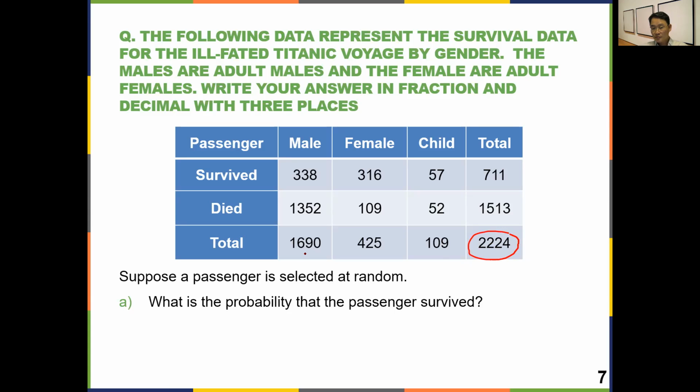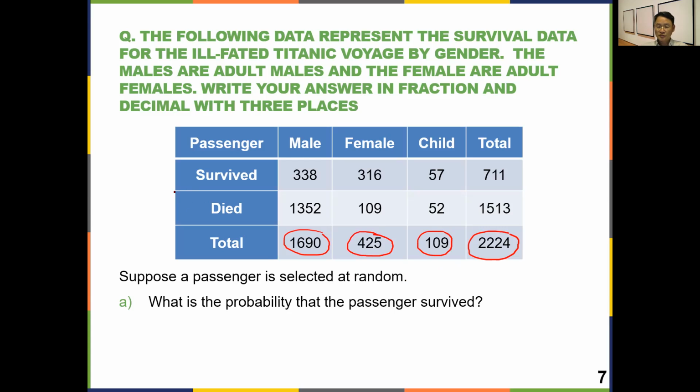Amongst them, 1,690 were male, adult male. And 425 were adult female. And 109 were children.